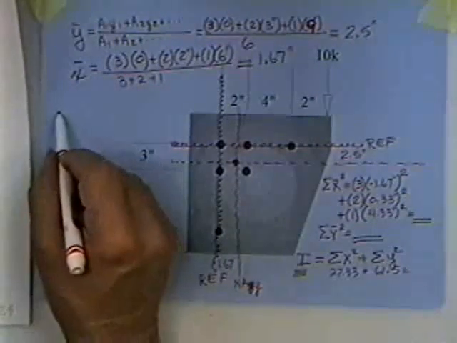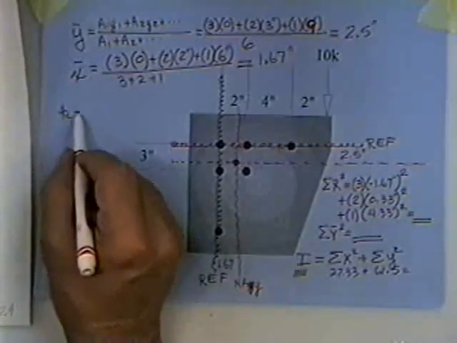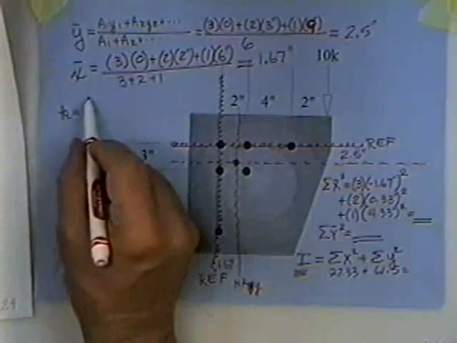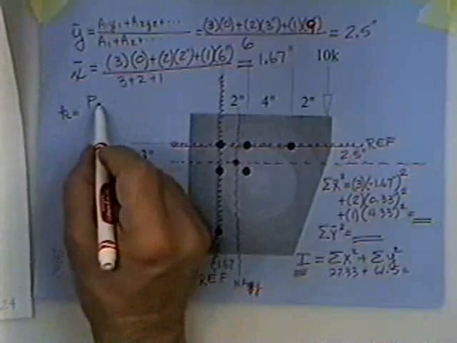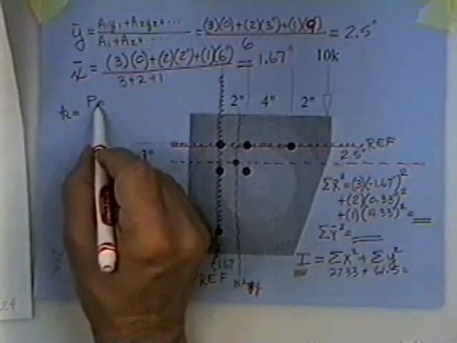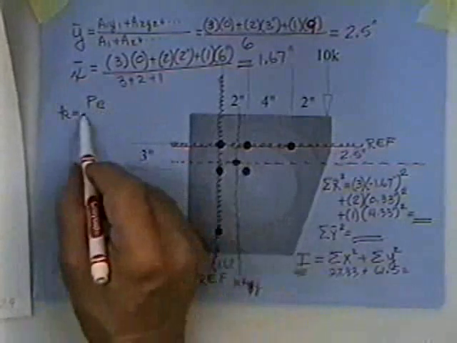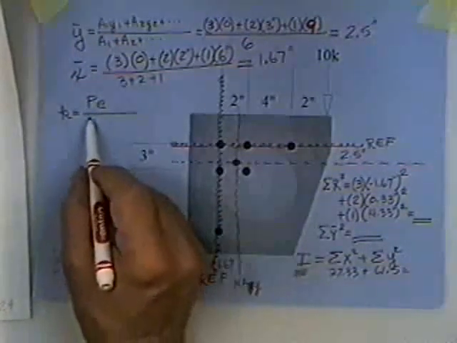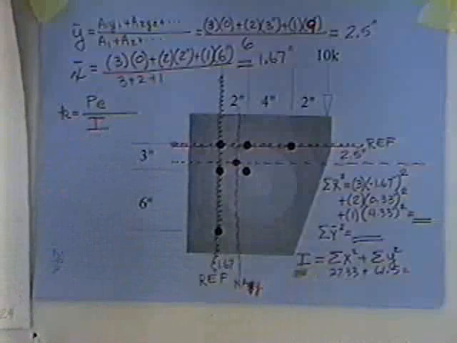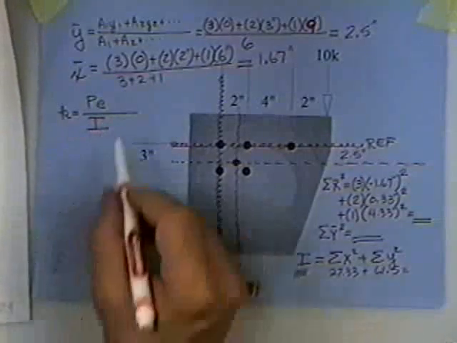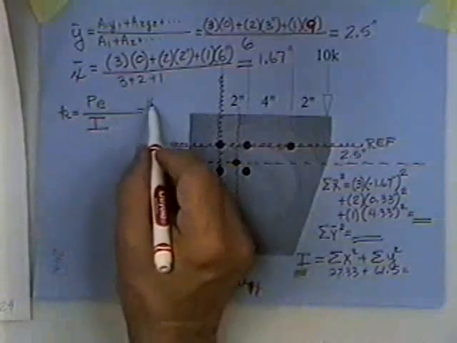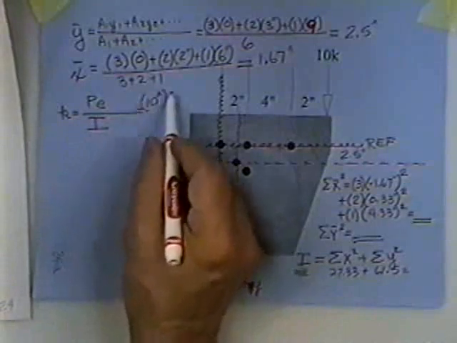So, here is what they call K, kind of like a load rate. Take the load, you multiply it times how far it is off of the centroid, and you divide it by I. In our case, we have a 10-kip load.